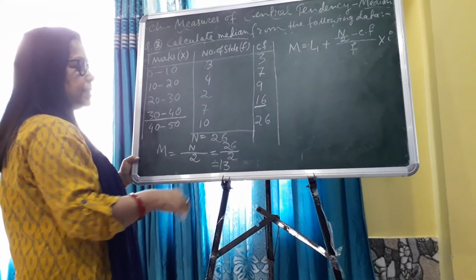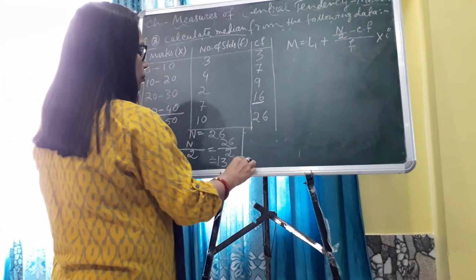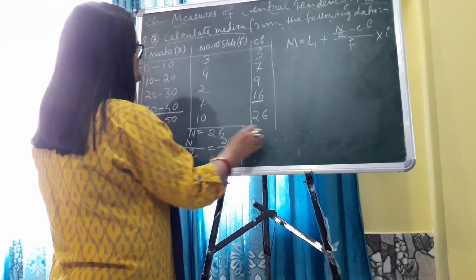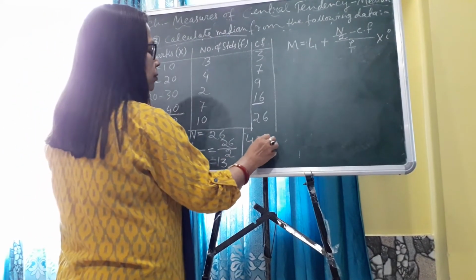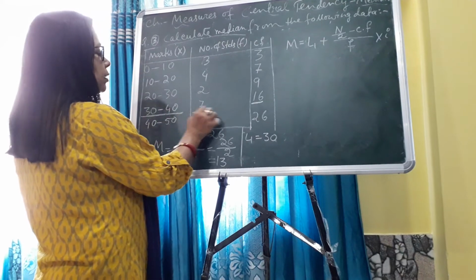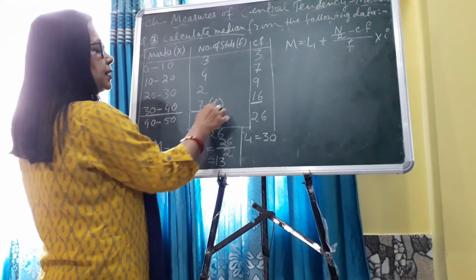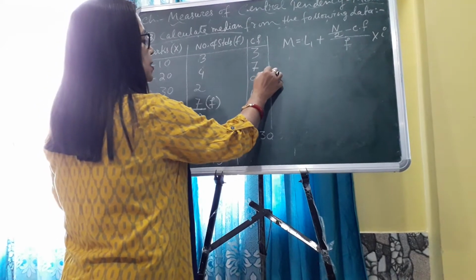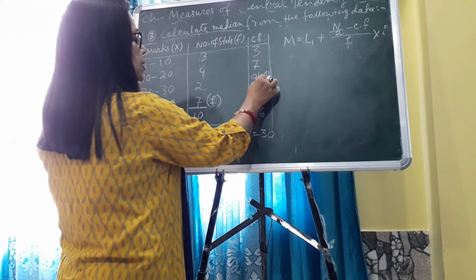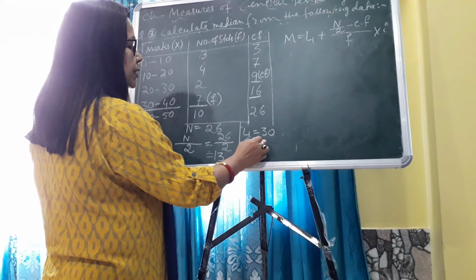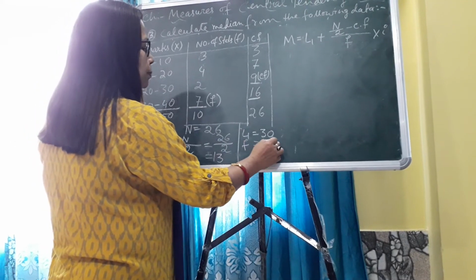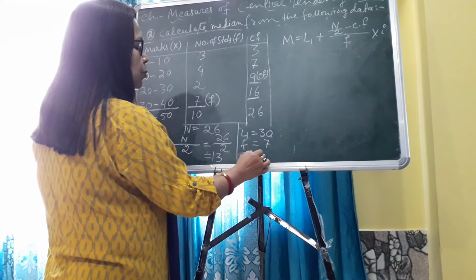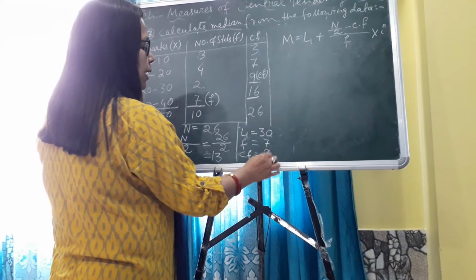So first you write here the lower value 30, then the frequency, you write in bracket frequency, and this will be cumulative frequency. So frequency 7 and cumulative frequency 9.